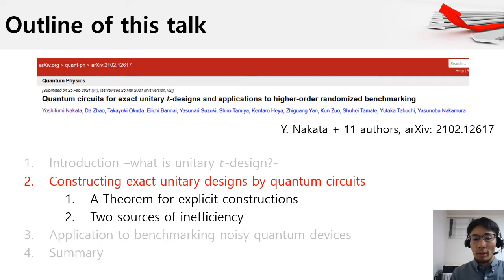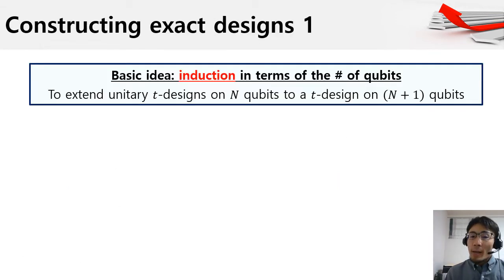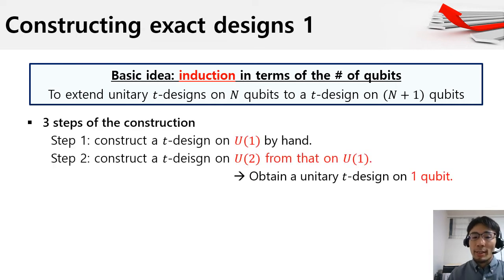Let me first start with details of constructing exact unitary T designs by quantum circuits. The basic idea of constructing exact designs is, as I said, to use inductive steps. Our construction consists of 3 steps. In the first step, we construct an exact unitary T design on U1. And of course, U1 is just one complex number, so we can construct the T design by hand. In the second step, we extend the T design on U1 to that on U2, which is a unitary operation on 1 qubit.